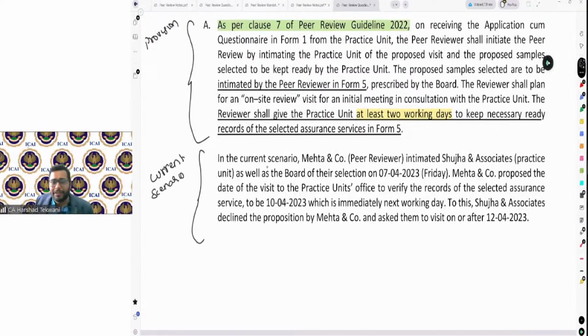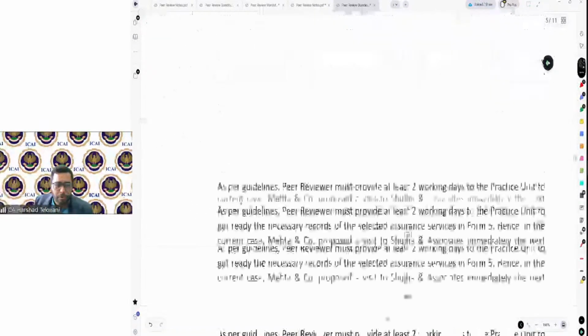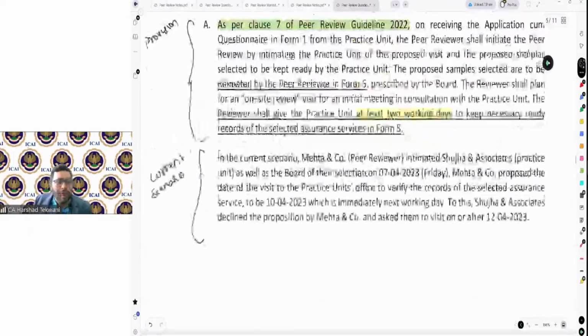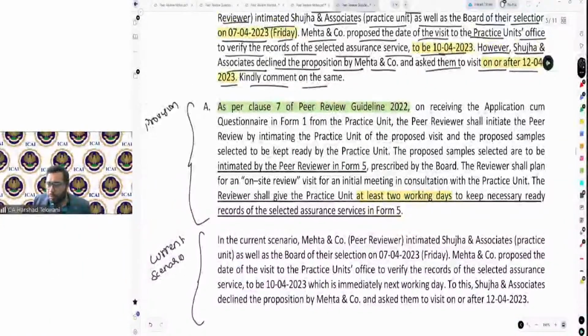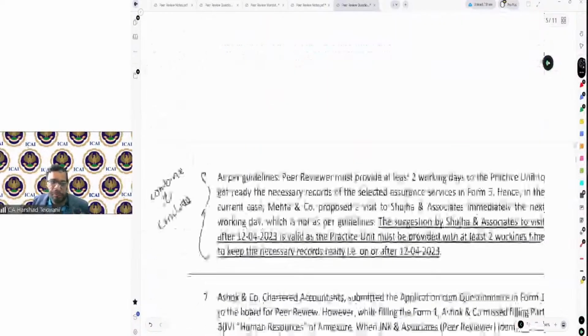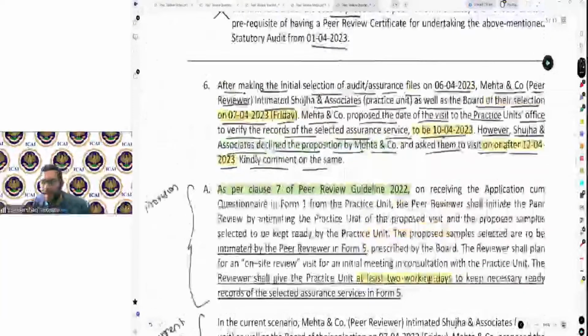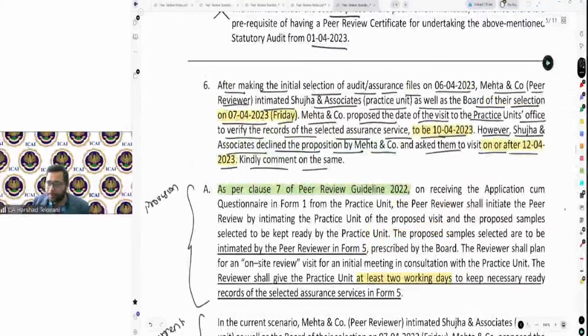What is the situation in the current scenario? And then I combine both and conclude. So I talk about the provision, I talk about the current scenario, then I combine both and give a conclusion. So this is the way I should answer a question.